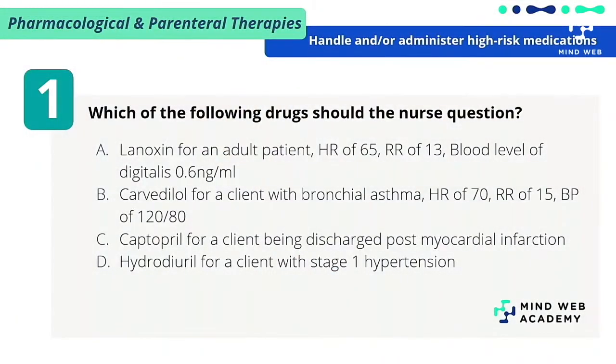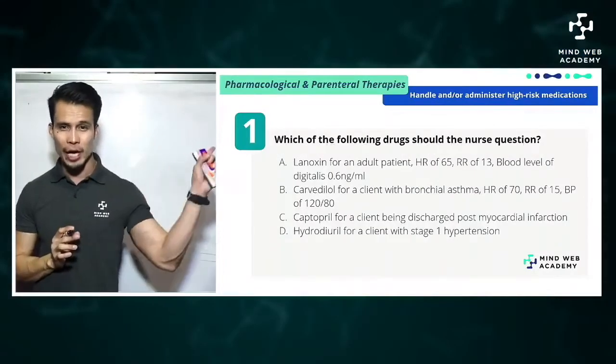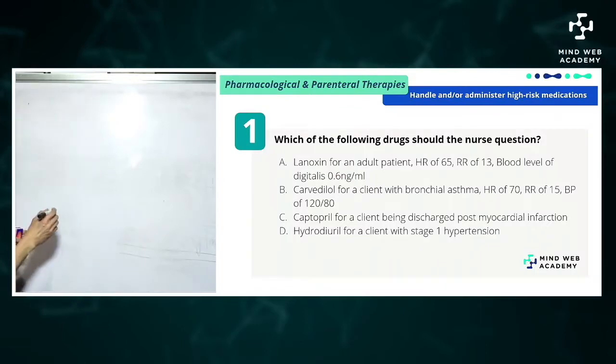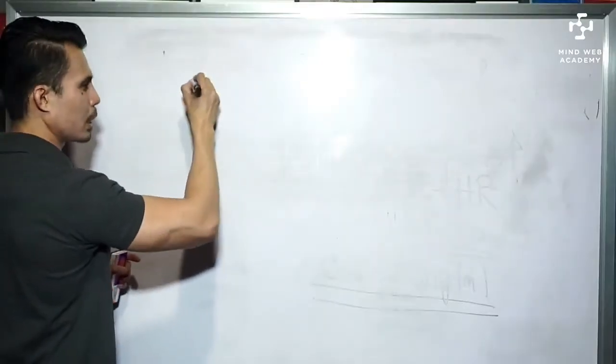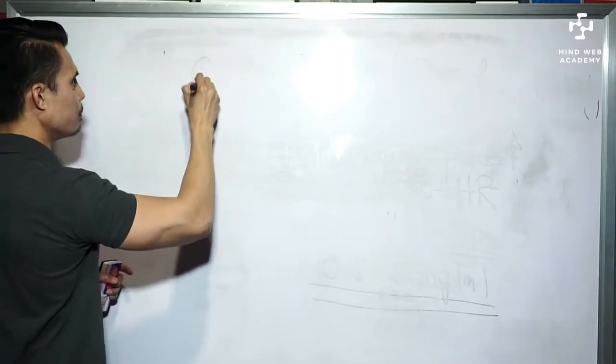Alright, let's check letter B. I still need your full attention. This is how to analyze your question in NCLEX. Analyze each option. So I have to eliminate now letter A because that's a correct order. What about letter B? Carvedilol.